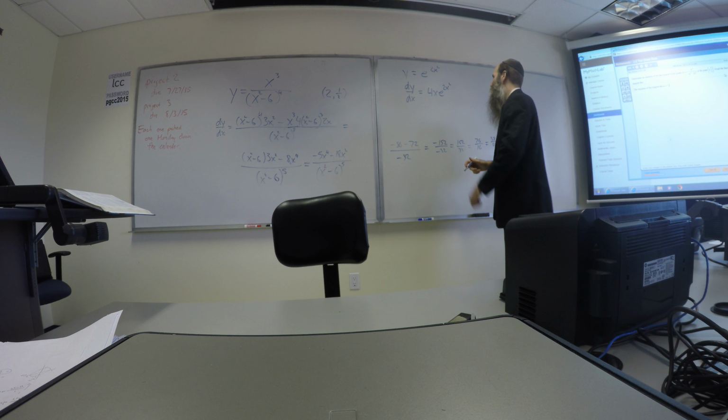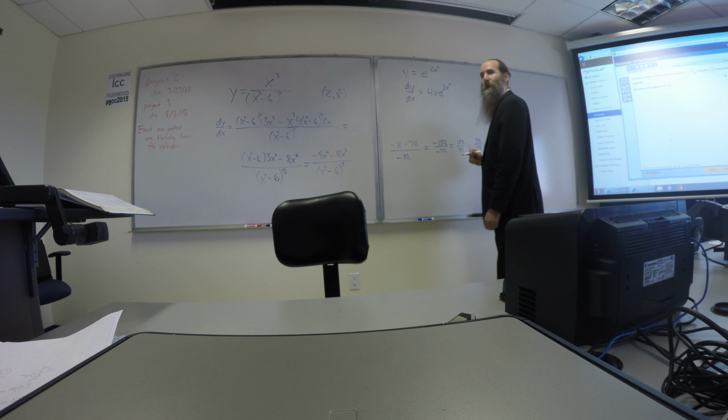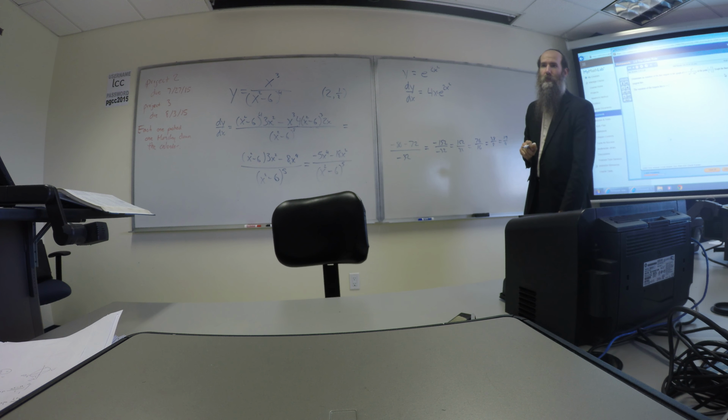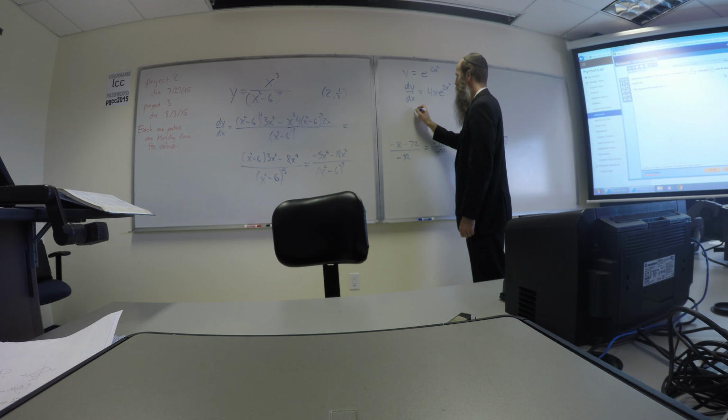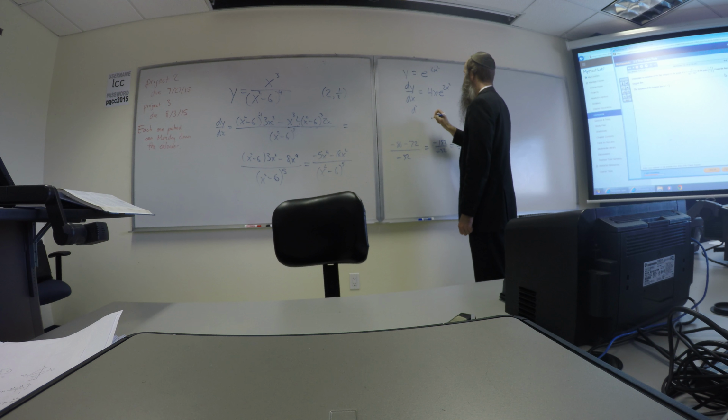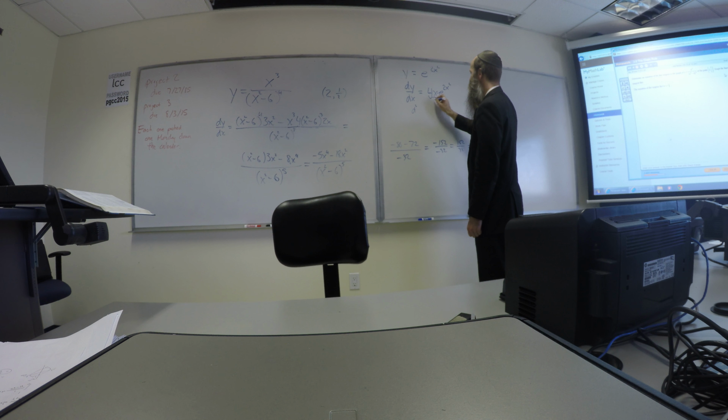Okay, so now it's a product rule. 4x is the first function and e to the 2x squared is the second function.